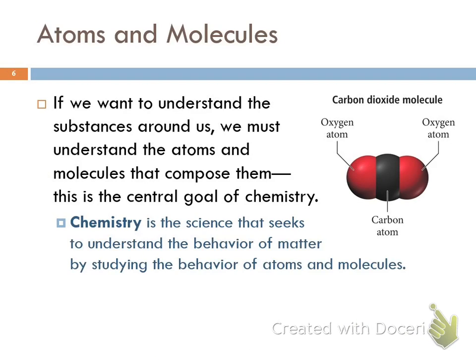So molecules, atoms stuck together. If we want to understand the substances around us, we have to understand the atoms and molecules. Here is a different molecule, carbon dioxide. Very similar name, right? Carbon monoxide, carbon dioxide. The difference is this one has two oxygen atoms and one carbon atom instead of one oxygen atom and one carbon atom.